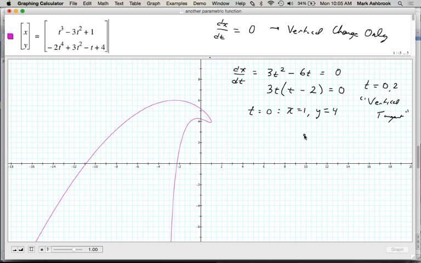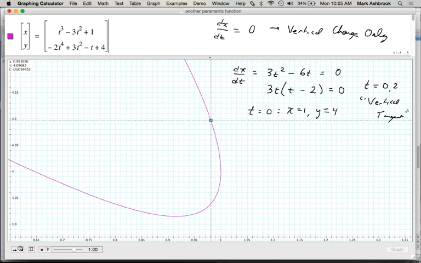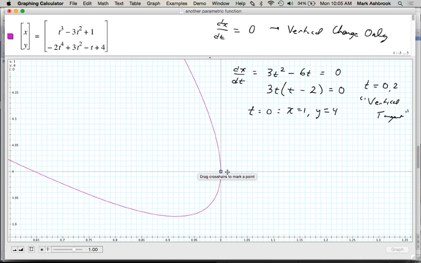So that's the furthest. There it is. T equals 0, x equals 1, y equals 4 is the furthest to the right that this curve goes.